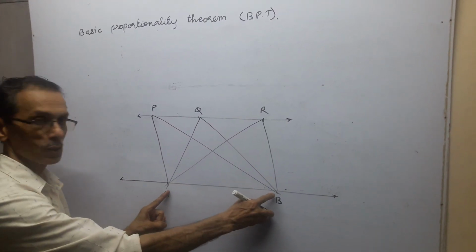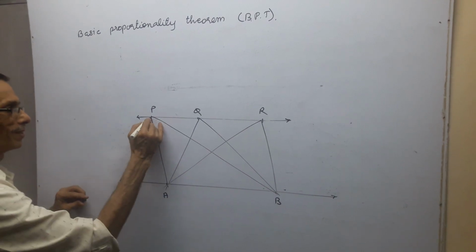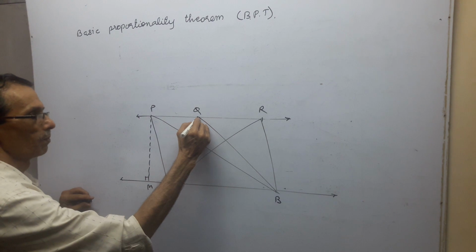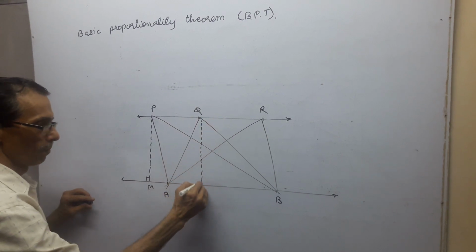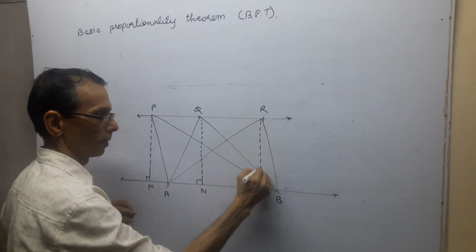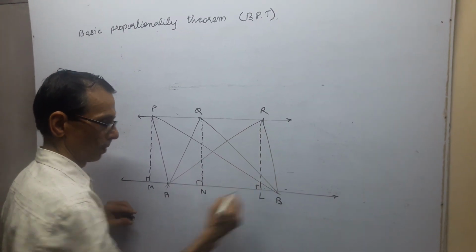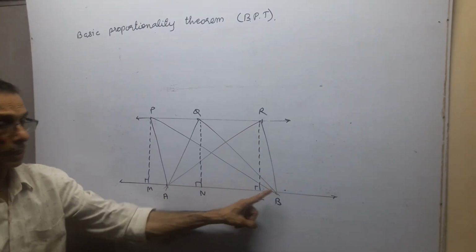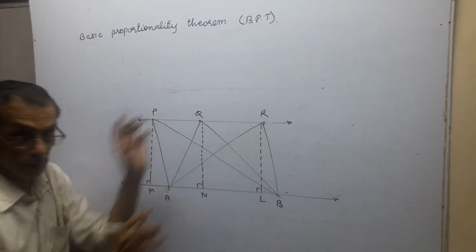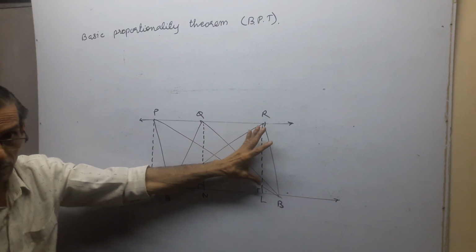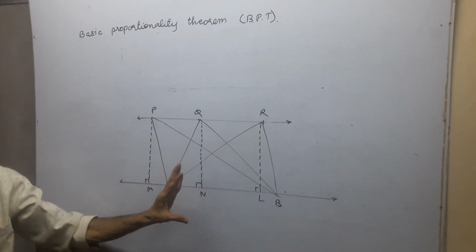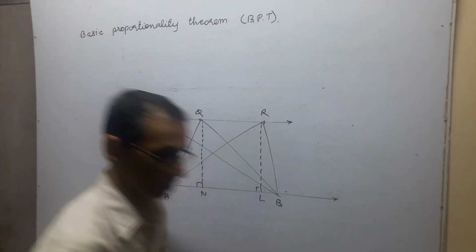Why? Because their base is equal and height is equal. All three triangles have the same height because they are confined between two parallel lines, and therefore same height, same base, and therefore same area. All three triangles have equal areas.